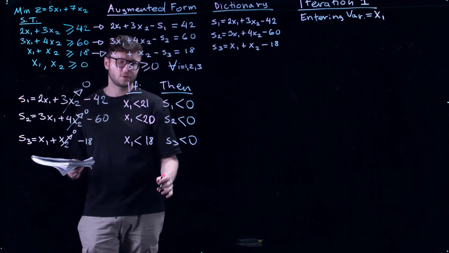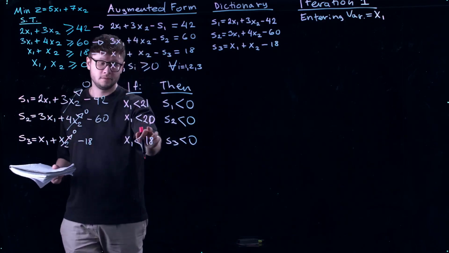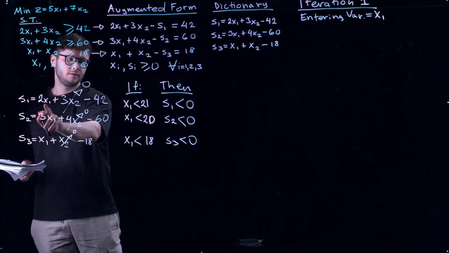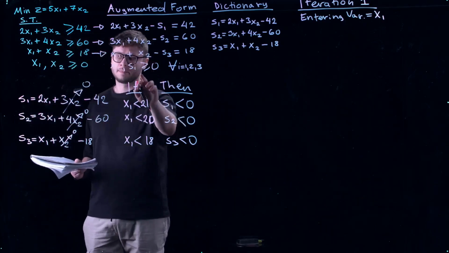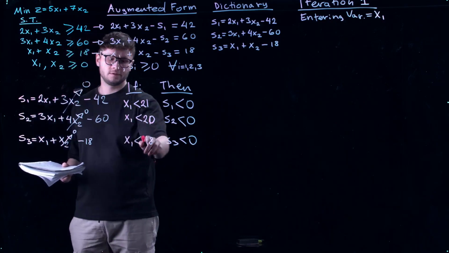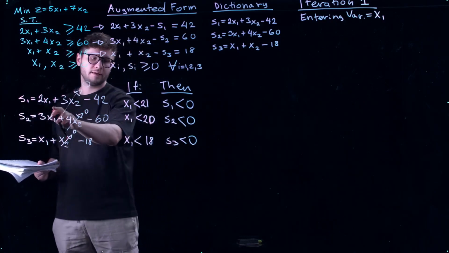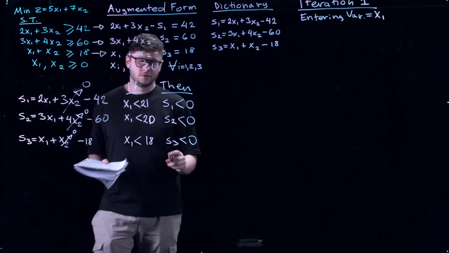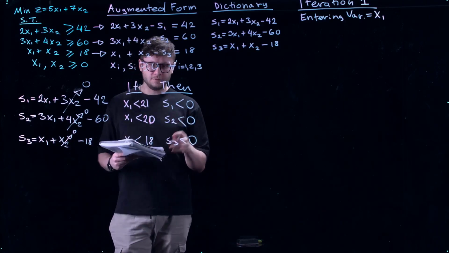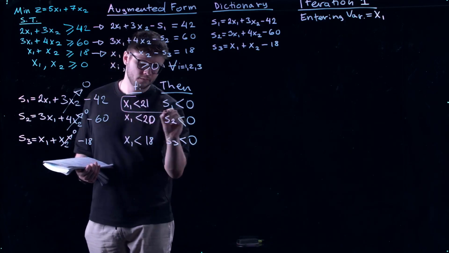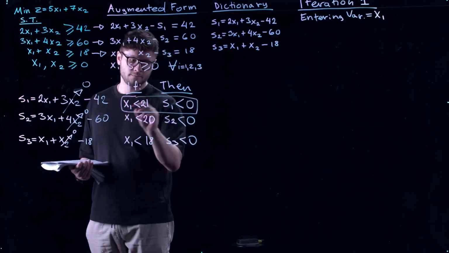S1 is going to equal 0, which is okay. But if it equals 20 or 18, based on this constraint, this will be violated. If it equals 18, both of these constraints will be violated. So therefore, the minimum value that x1 can take is 21, right? It's this one.